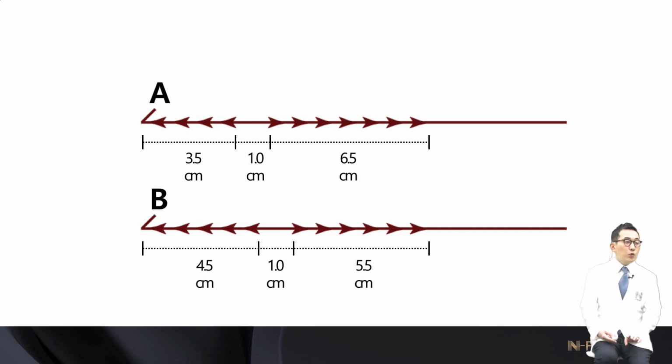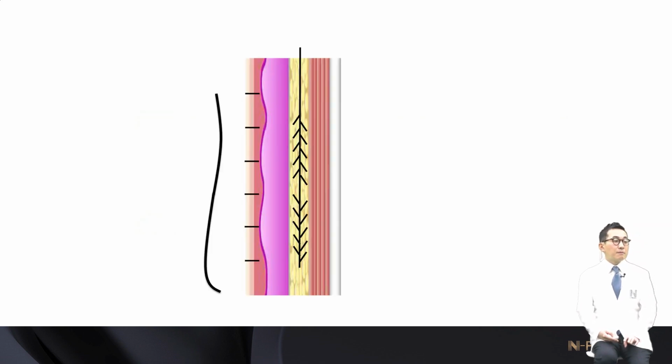The height at which skin gathers and creates volume is different. The point would be here in A, but here in B. You cannot treat with the same design. Of course, bidirectional cog thread have some advantages. If you design well and complete the procedure, you can achieve really good result with bidirectional cog thread.